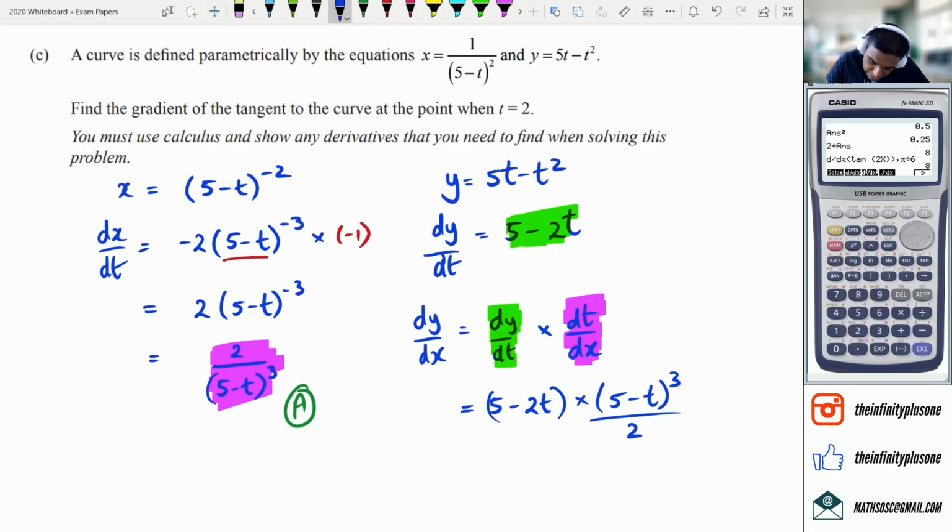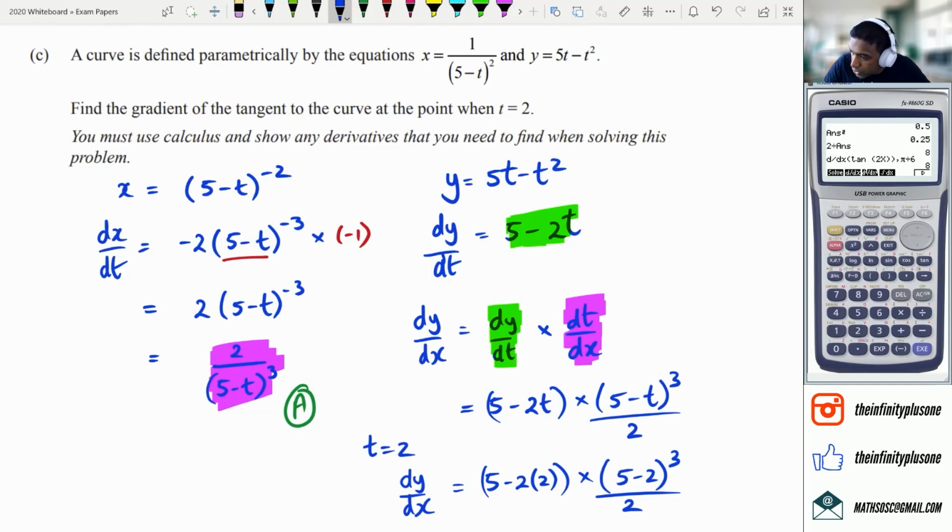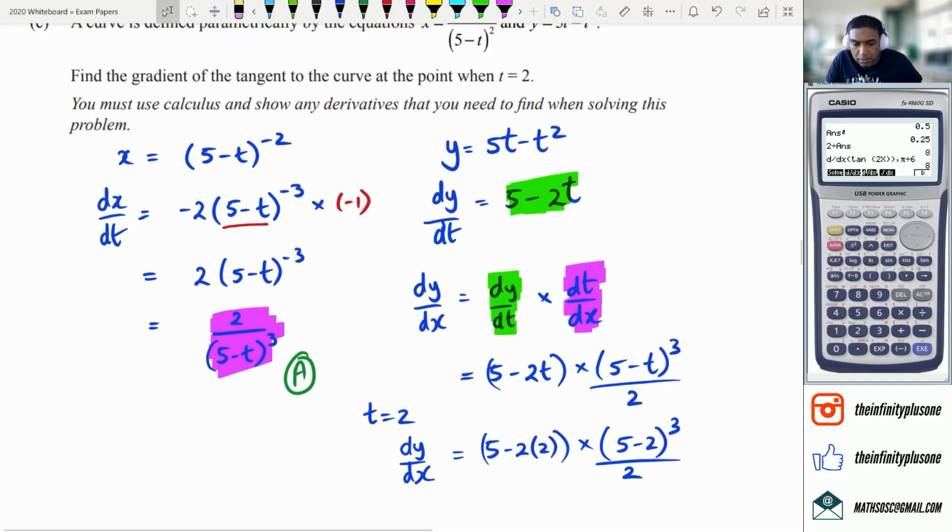At this point, I've got t equals 2. So my dy dx is equal to 5 minus 2 times 2 multiplied by 5 minus 2 cubed over 2. And let's just use the calculator for this one.